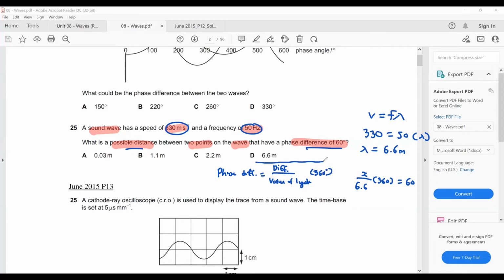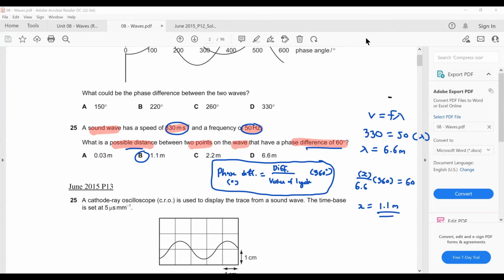In general, this is how you find the phase difference. Find the difference between the 2 points, divide by the value of one cycle, multiply with 360 to get the phase difference in degrees. Here you already have the phase difference and the value of one cycle, so you just want to find the difference in distance. So 60 divided by 360 times 6.6, you get 1.1 meter. So the answer is B.